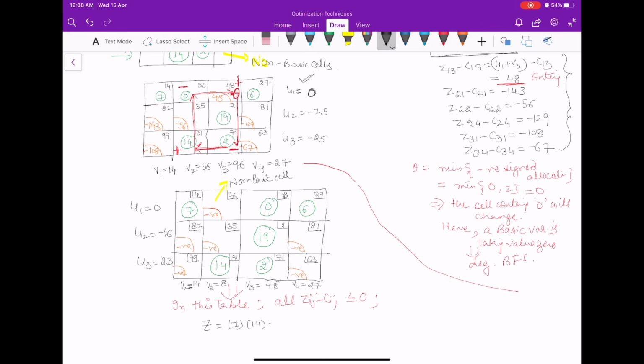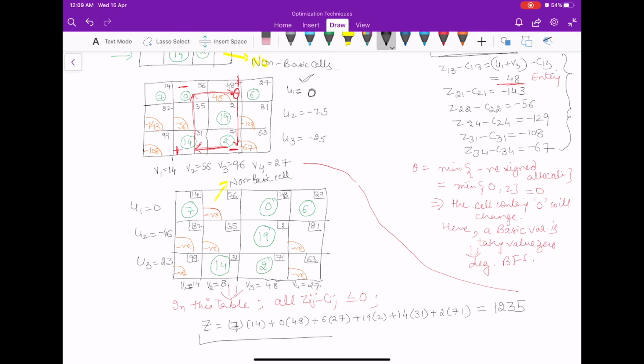So 7 into this plus 0 into 48 plus 6 into 27 plus 19 into 2 plus 14 into 31 plus 2 into 7. Now we multiply allocation with the cost, and this gives you the answer 1235.